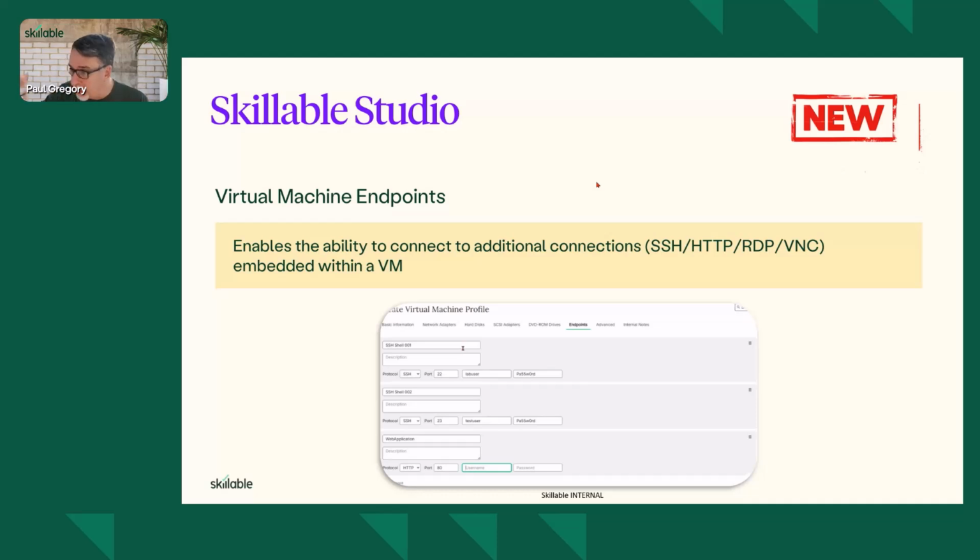So when you go into the platform, you will not see endpoints enabled unless it's been turned on for yourself. So if you're interested in endpoints, please put something in the chat. Later on as we go through, you might go, actually, yeah, we really want to try this, and then I can make a note of people's names, and we can make sure that we get you enabled within the first few days of the technology being deployed to the Skillable platform.